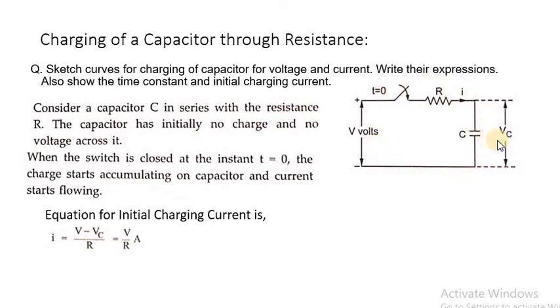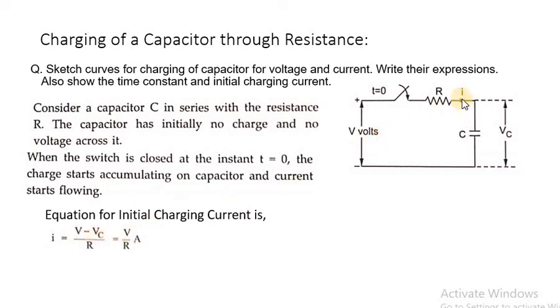Now we have seen that initially the capacitor voltage, that is voltage across capacitor Vc, does not change instantaneously. So at t equal to 0, Vc is also equal to 0. So as Vc equal to 0, this term equal to 0. So what is my I at t equal to 0?